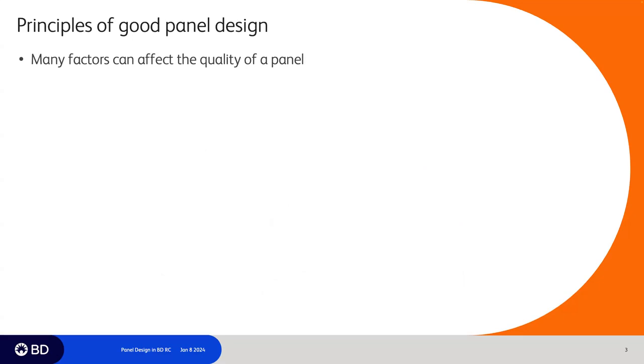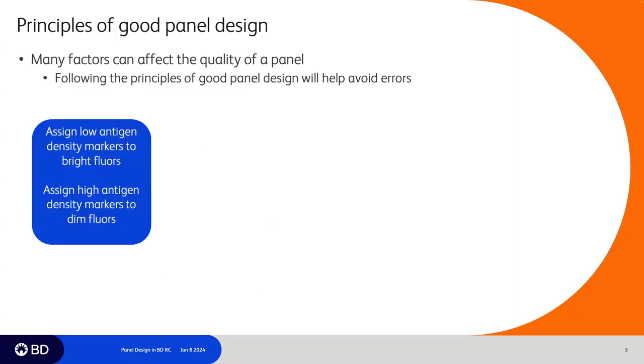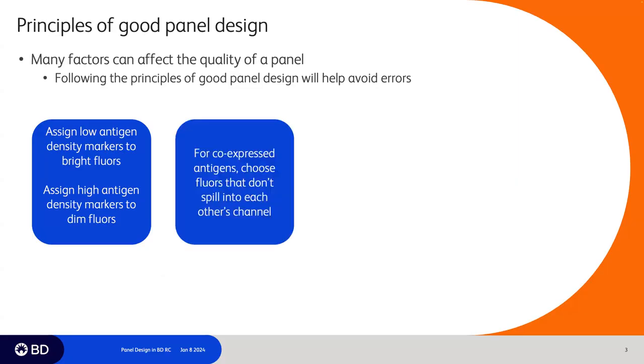Many factors can affect the quality of a panel, and following the principles of good panel design will help avoid errors. So these principles of good panel design consist of assigning low antigen density markers to bright fluorochromes, and vice versa, assigning high antigen density markers to dim fluorochromes. For co-expressed antigens, choose fluorochromes that don't spill into each other's channel.